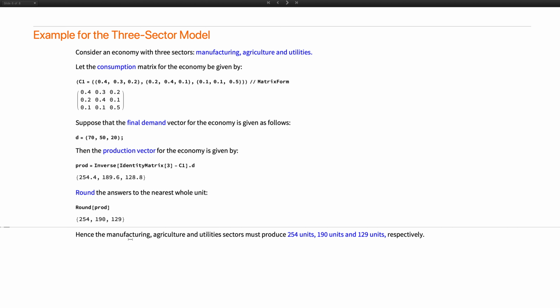The manufacturing, agriculture, and utility sectors must produce 254 units, 190 units, and 129 units respectively to meet the final demand and their own demand.